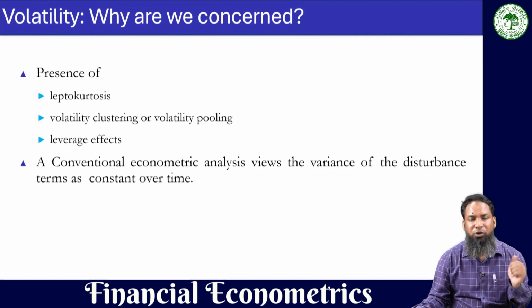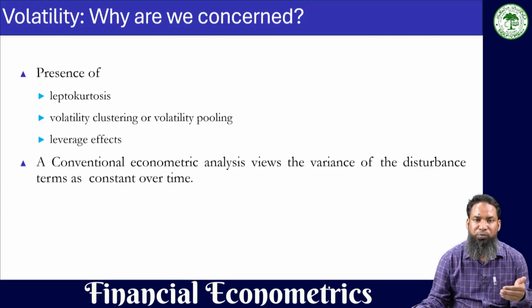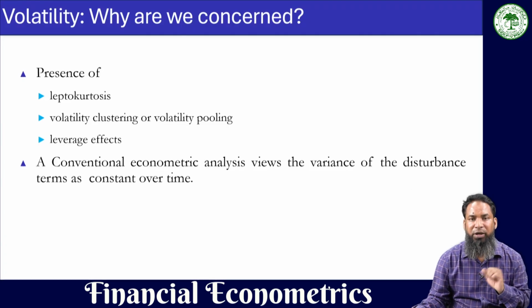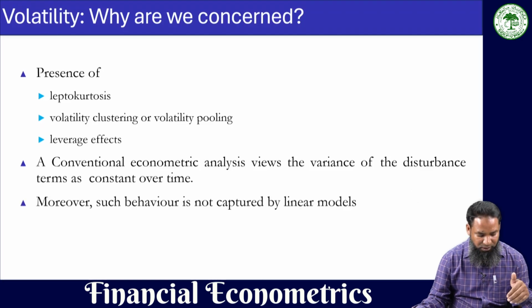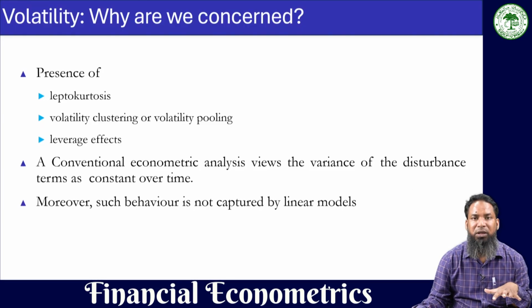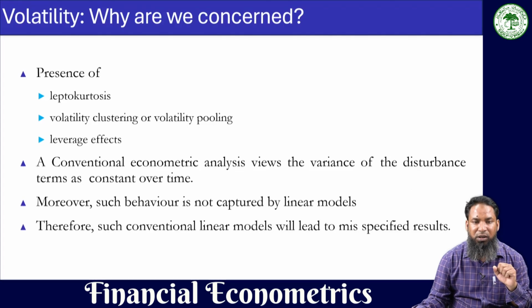In conventional econometrics, which we have studied here, we have often assumed that the variance of the disturbance terms is constant over time. However, we will see these are not constant in the case of finance. Such behavior, which is often observed in financial data, will not be captured by linear models.